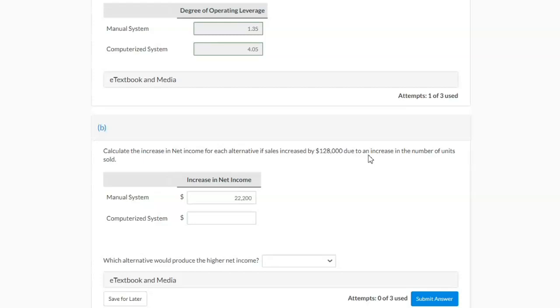So that's 0.079% times 1.35, times 128,000.